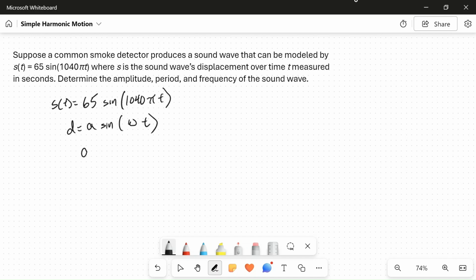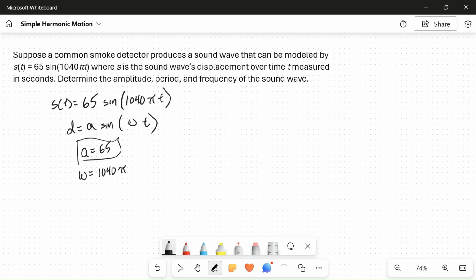So in this case, the a has to be that 65, and omega has to be 1040 pi. It's the value in front of the t. So what is the amplitude? In this case, the amplitude is 65. I don't have units for that in this case, but our amplitude would be 65.